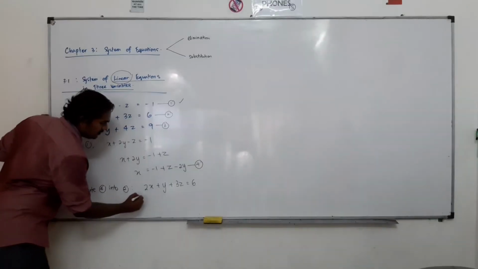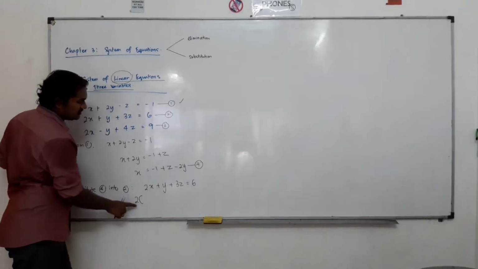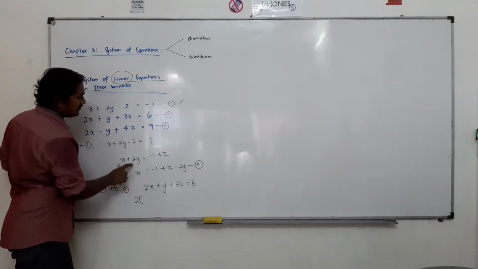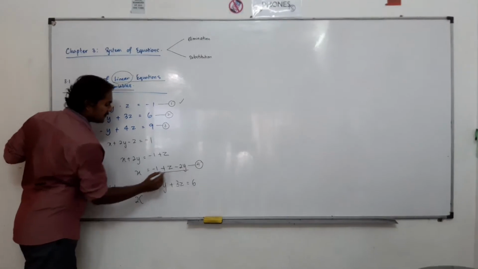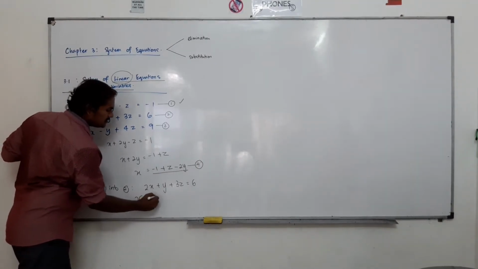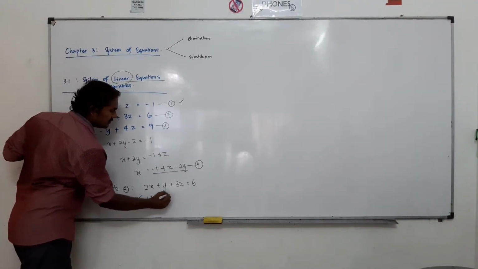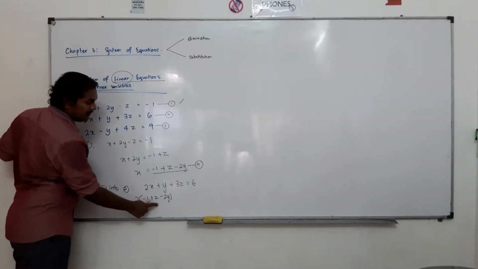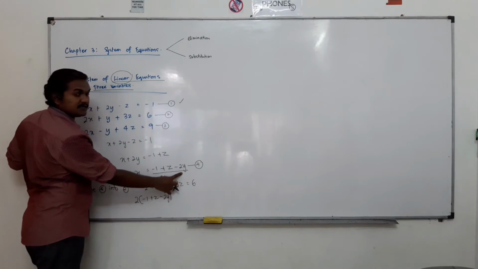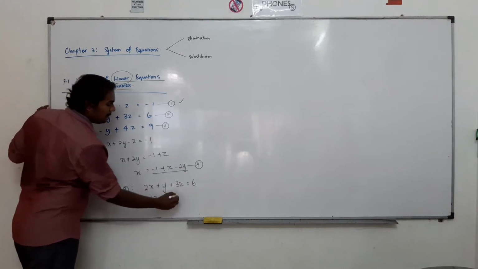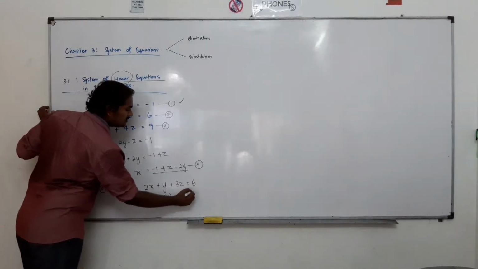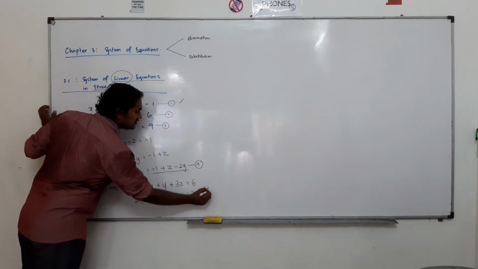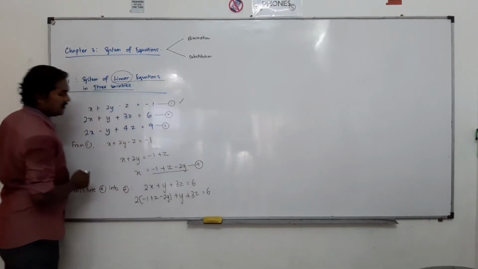So 2x means 2 times negative 1 plus z minus 2y. In the place of x I have already substituted, plus y plus 3z equals 6.